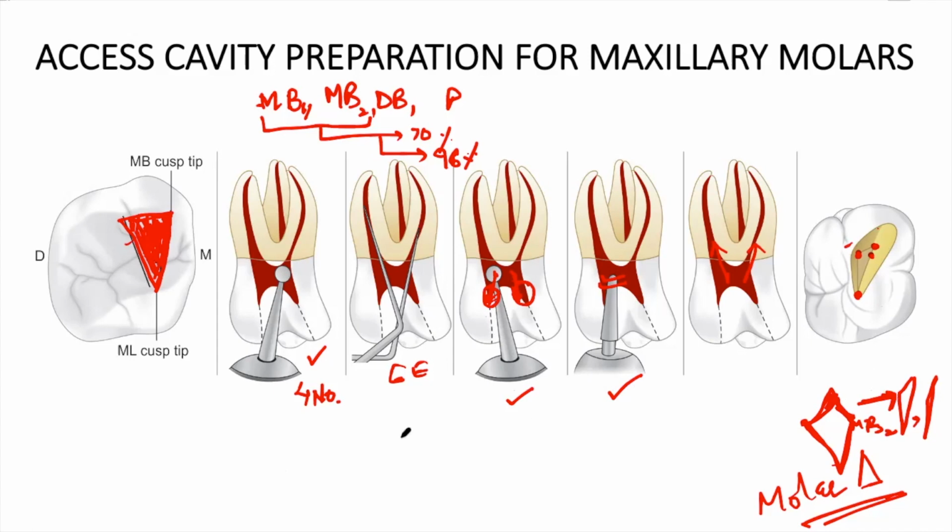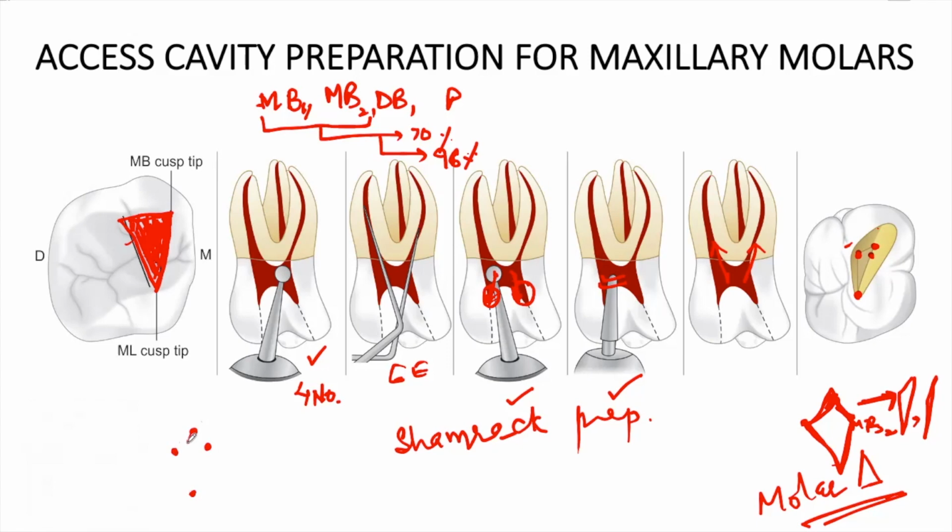So many questions are being asked from this topic. Now another question which is asked is, what is shamrock preparation? Lubike showed that in search of MB2, which is located 3 mm palatal to the MB1 and slightly mesial, this is the palatal canal, this is the distobuccal canal.